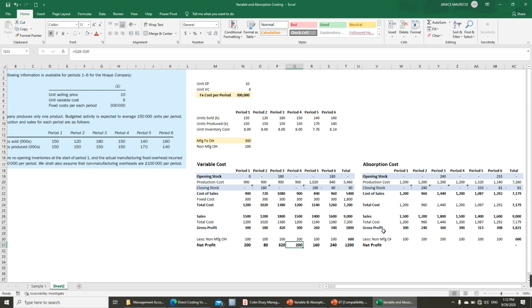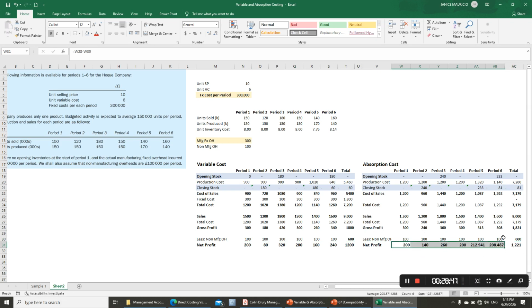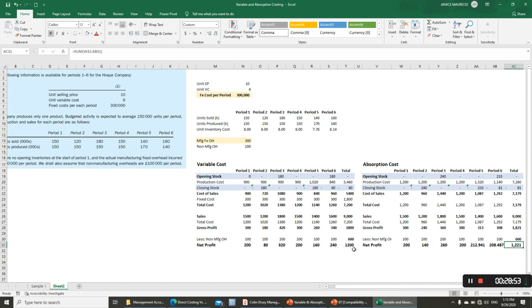Okay, now getting the net profit. Okay? So you will see that the net profit for absorption costing is higher than what we have derived from variable costing. Okay? So this is a simple way of showing how different variable and absorption costing are.